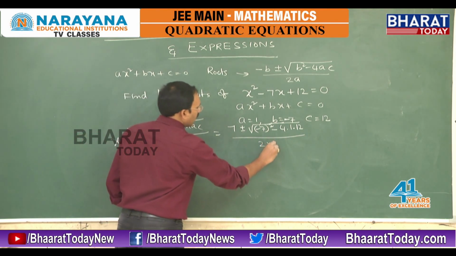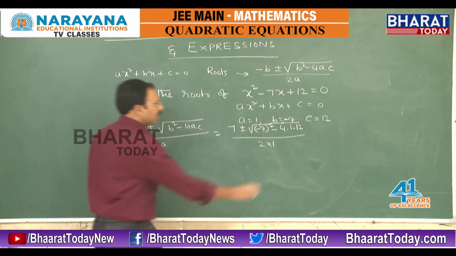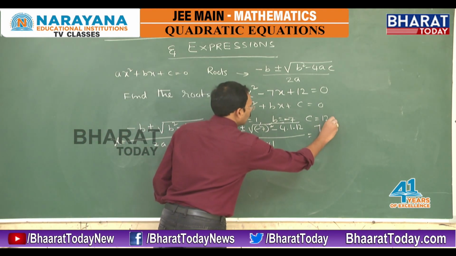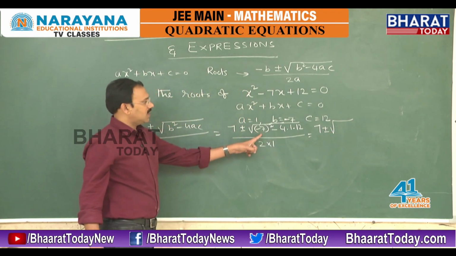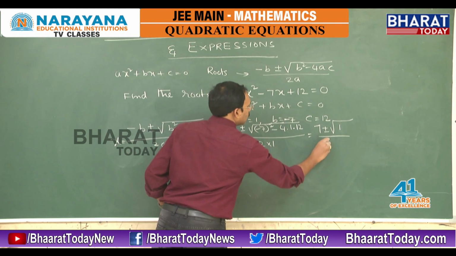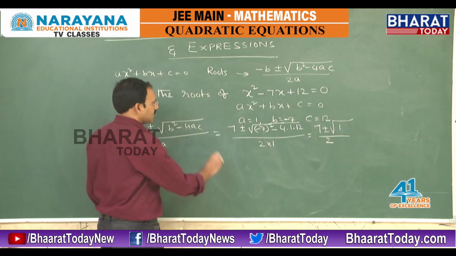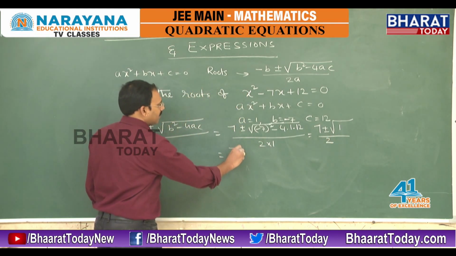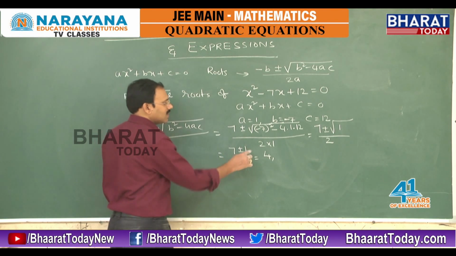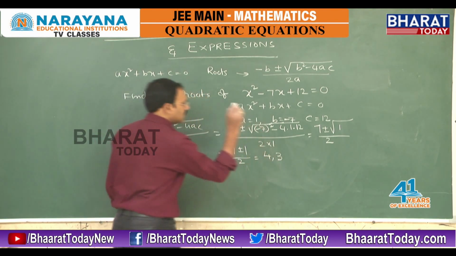divided by 2a, 2 into 1. With the help of which you get 7 ± √(49 − 48), that is 1, by 2, and hence you will get (7 ± 1) / 2. So 8 by 2 is 4, 7 minus 1, 6 by 2 is 3.